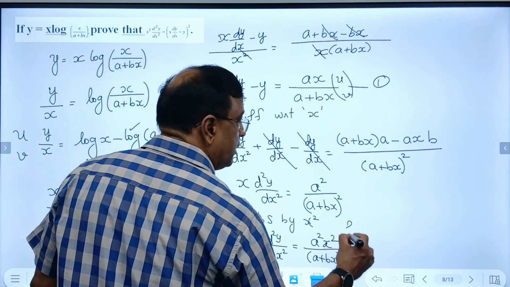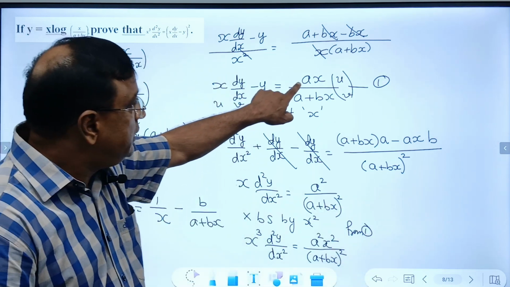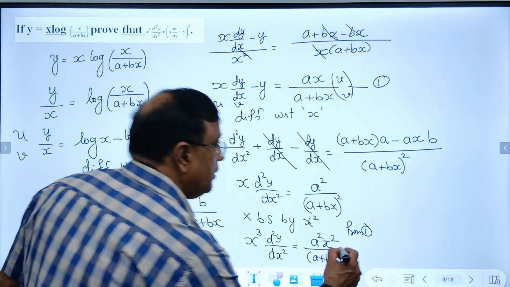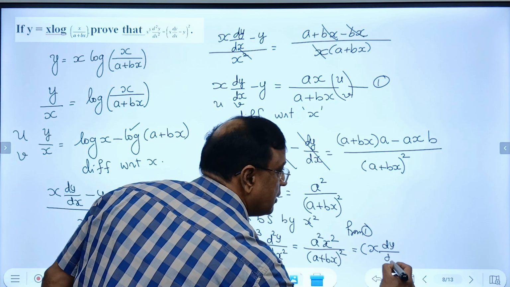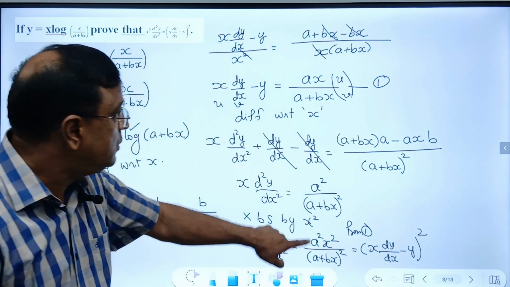Now look at 1. From 1, a square x square by (a plus bx) whole square will be x into dy by dx minus y the whole square, correct?